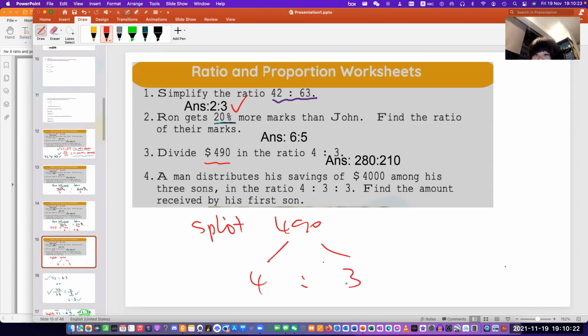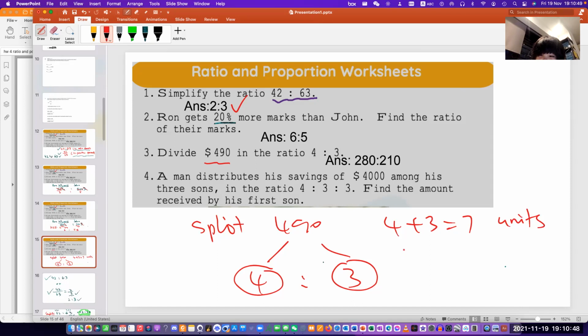So how do you split 490 into 4 and 3? Before I look at your answer, what you should do is, in fact, you need to split 490 into 4 units to 3 units. So total, you get 7 units, right?